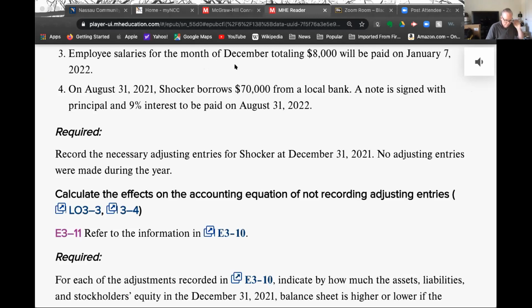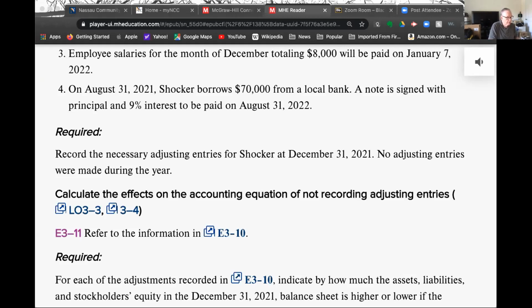The second one, again, the date is December 31st. Wolverine purchases a 1-year property insurance policy on July 1st for $13,200. The payment is debited to prepaid insurance for the entire amount. So when you bought the insurance policy, you debited prepaid insurance and credited cash. What entry do you make for the adjustment? In other words, as time passes, the insurance policy has expired, right?